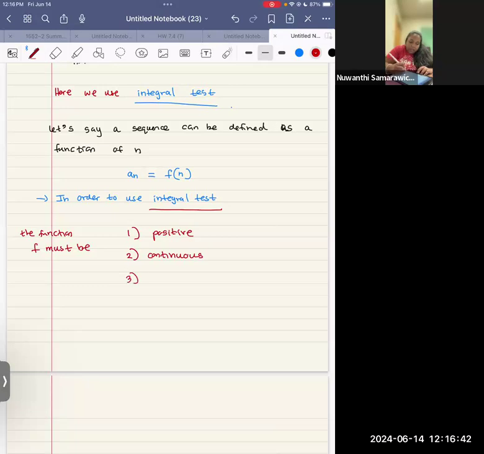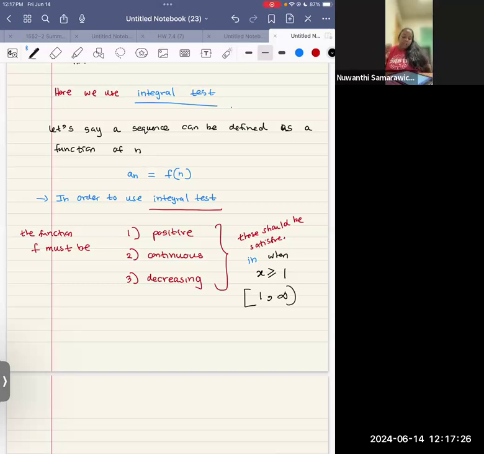The third criterion is that the function should be decreasing. So these three conditions should be satisfied when x is greater than or equal to 1, that means x should be in the interval 1 to infinity.